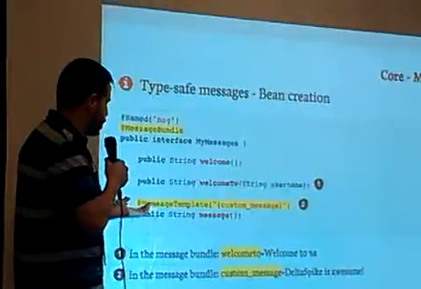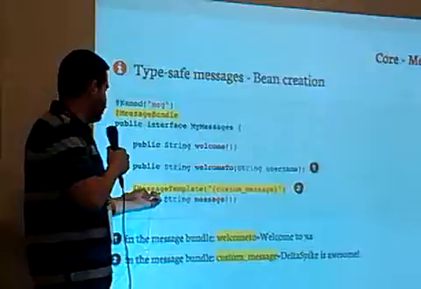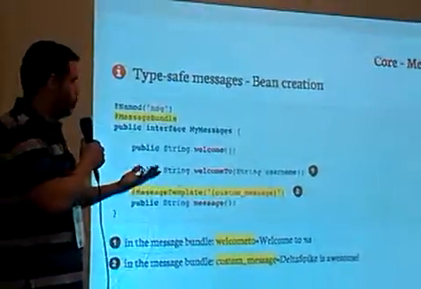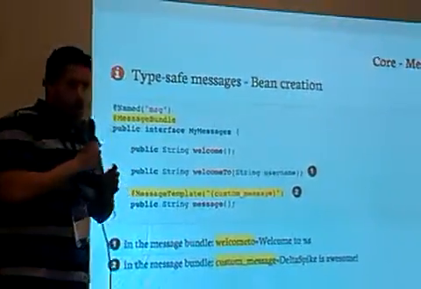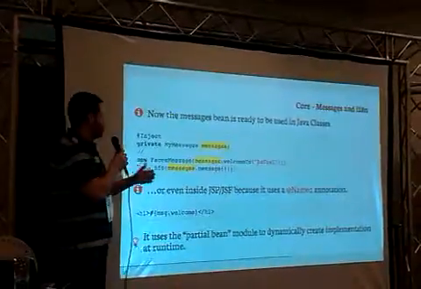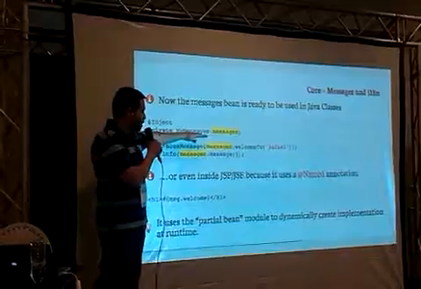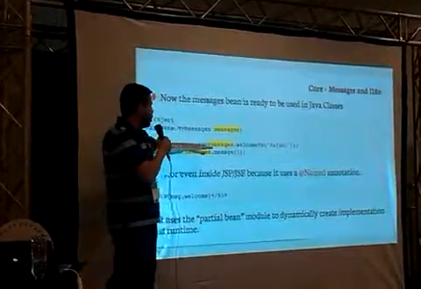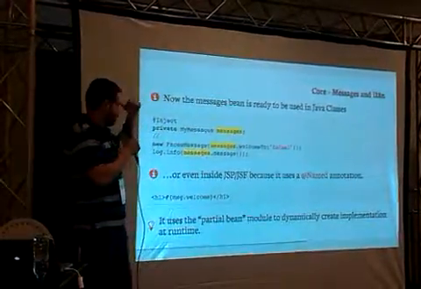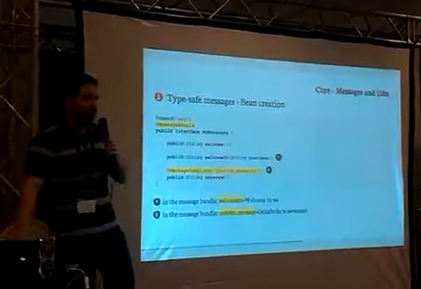And of course, I can use not only the name of the method, but I can specify here the key that I want to use instead. So, how do I use that? Look here. I get that interface, inject it, and when I call, for example, message.welcomeTo Rafael, it will return the translation here. Welcome to Rafael.